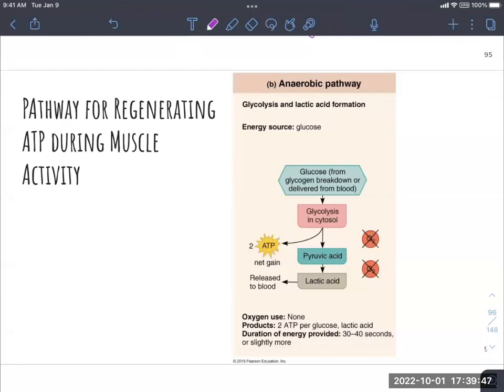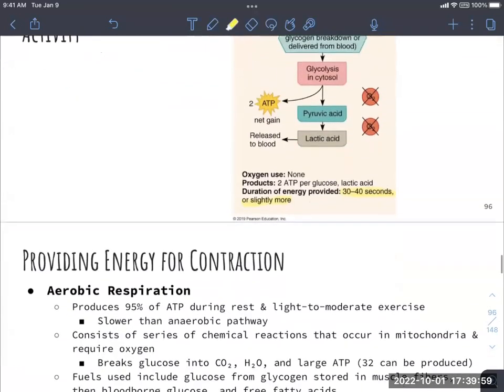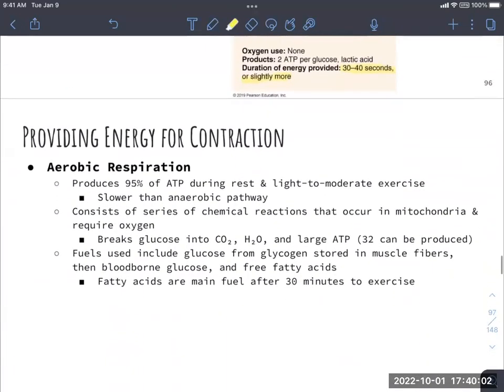And this can give us about 30 to 40 seconds, maybe a little more, of energy. Not much. But that aerobic respiration pathway can produce 95% of our ATP during rest.